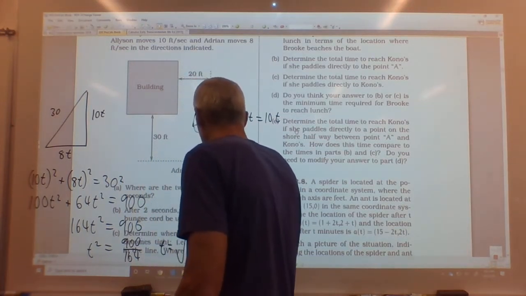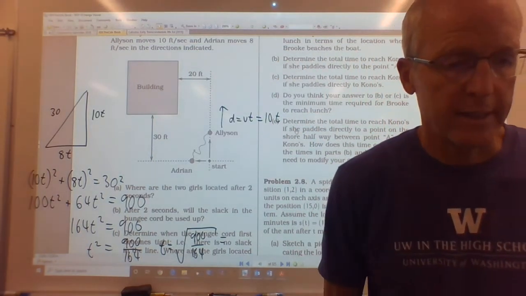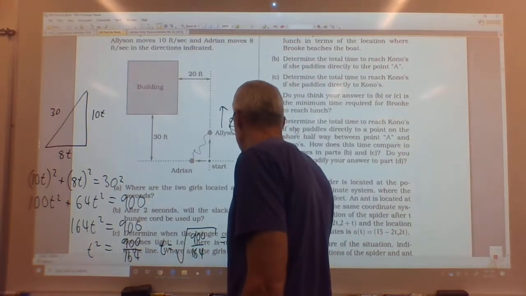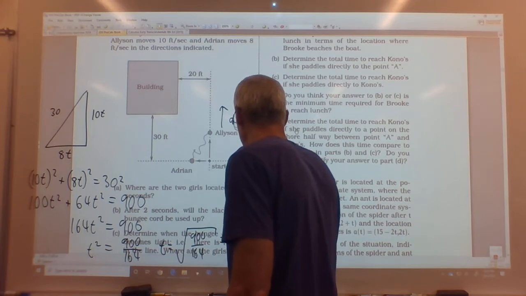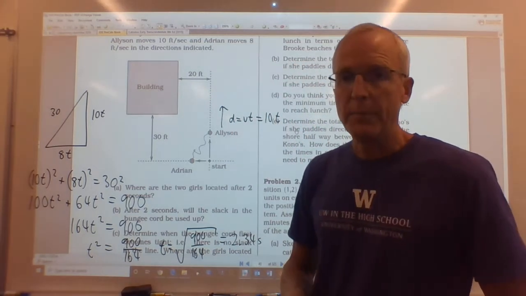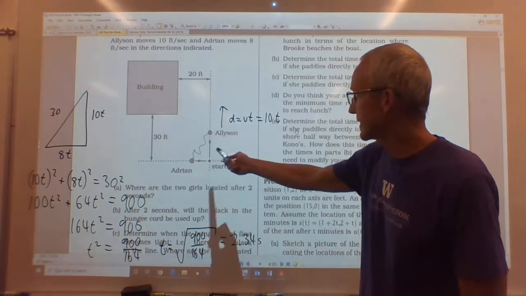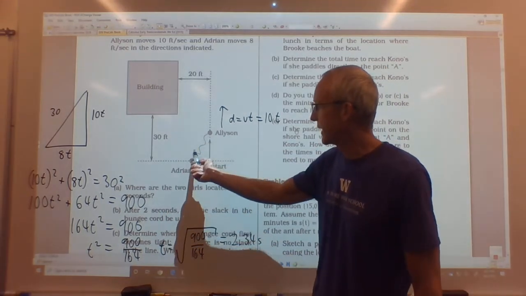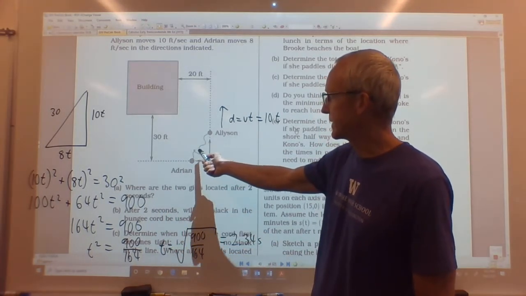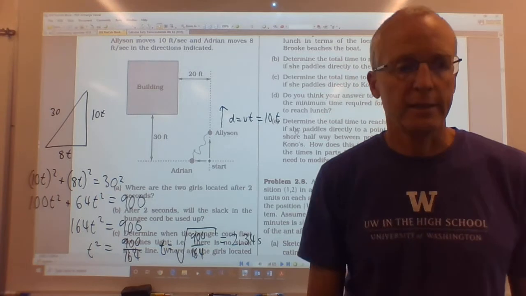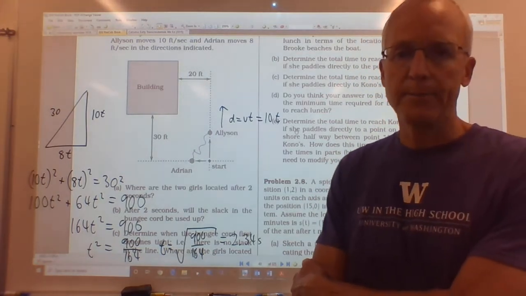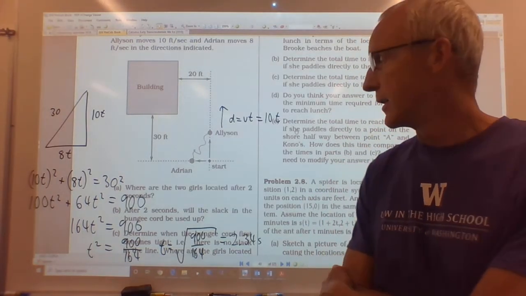And when I did that, I got about 2.34 seconds, which makes sense. We know it's not 2 seconds. We got almost 25 feet, almost 30 feet. It's like 25 something. And at 2.34 seconds. Okay, so that works.